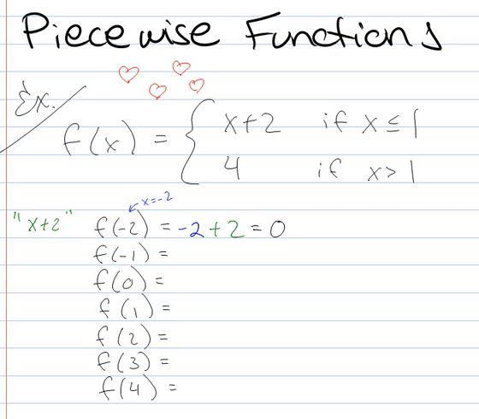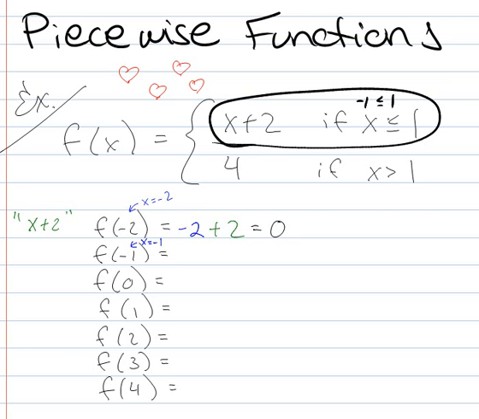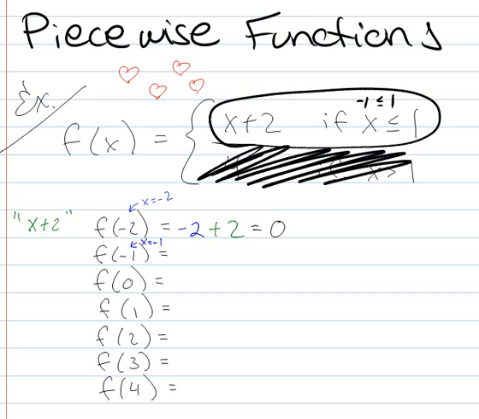Good? So now look at this next one. x is -1. So where does this fall in? You look at the two options, and -1 is again going to fall into this first category, because -1 is less than or equal to 1. And again, we pretend the other doesn't exist.